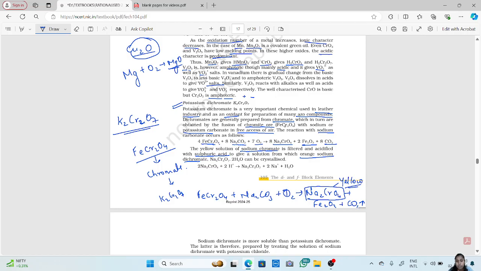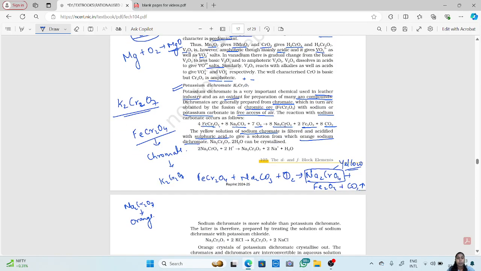This is just sodium chromate, which is yellow in color. When you add sulfuric acid to it, this becomes sodium dichromate, Na2Cr2O7, which is orange in color. And from here we can prepare the potassium dichromate.